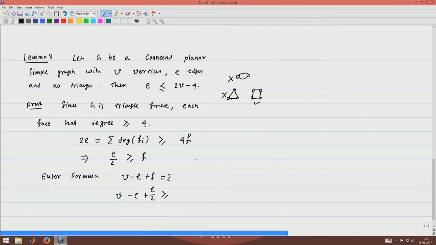So, this is greater than or equal to 2, right. So, V minus 2 is greater than or equal to E by 2, which implies E is less than or equal to twice V minus 4.